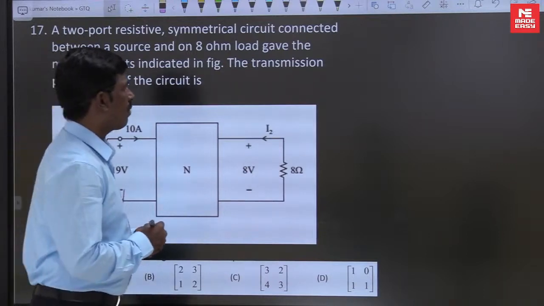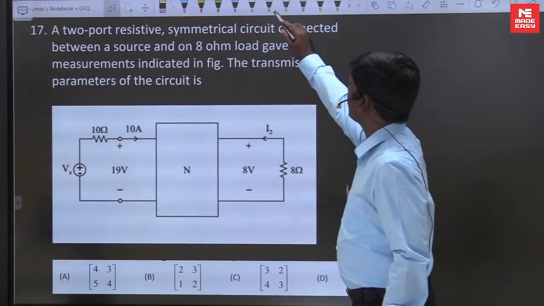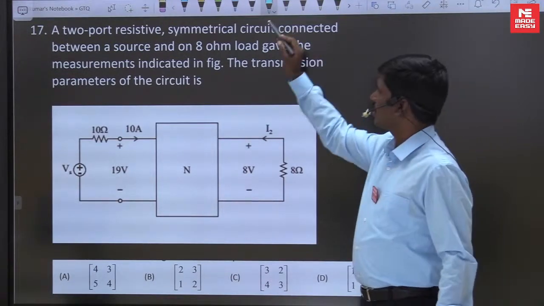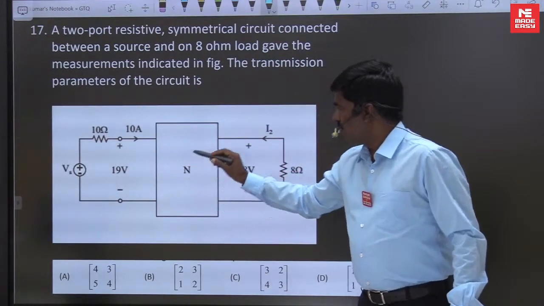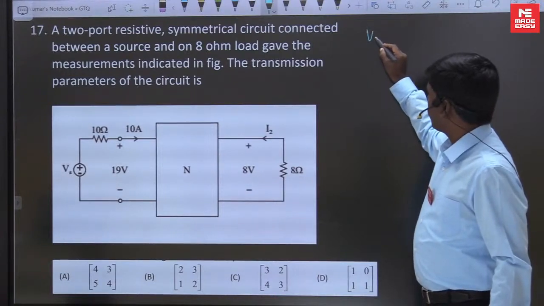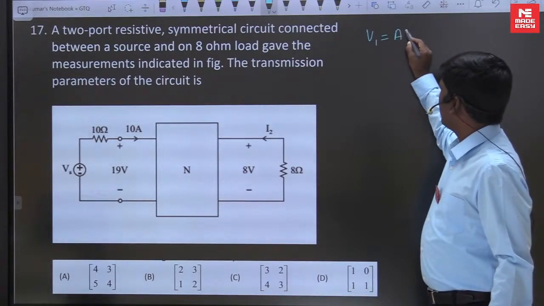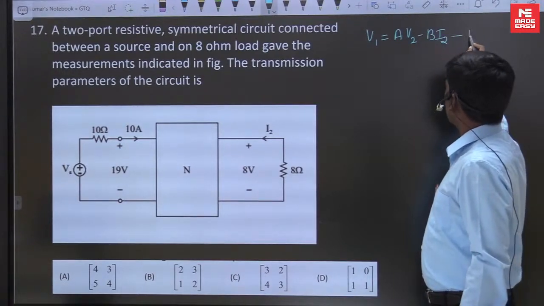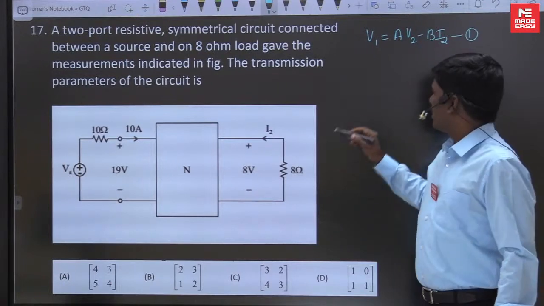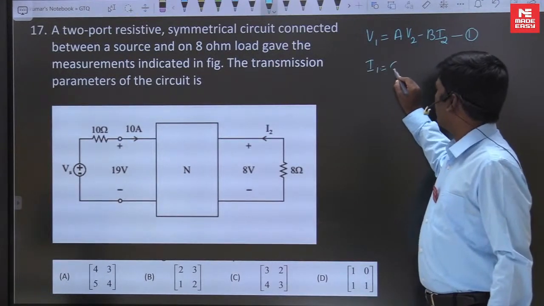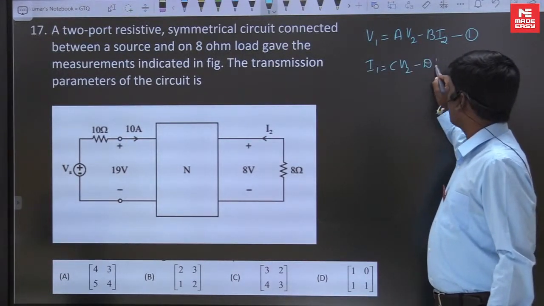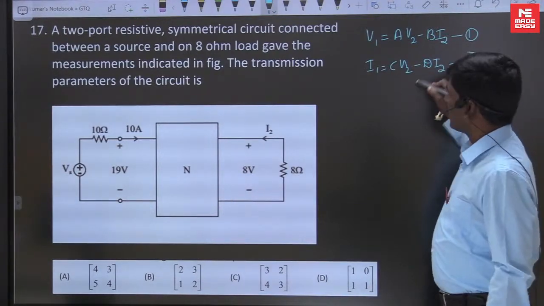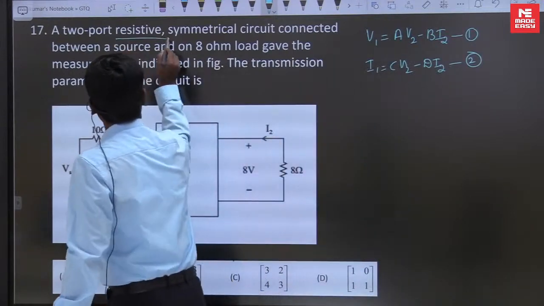Now look here, what is the given information? Transmission parameters: first write the equations. V1 is equal to A V2 minus B I2. I1 is equal to C V2 minus D I2. It is a two-port resistive network.